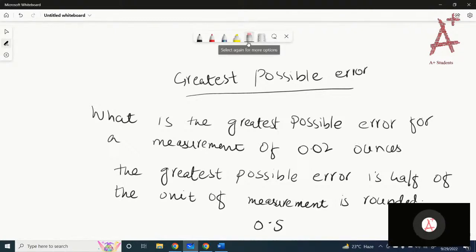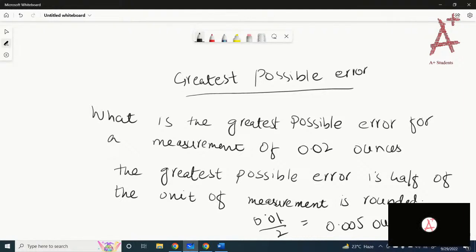That means it is made to two decimal places. So you have to calculate half of the two decimal places, 0.01, by dividing it by 2. So when you divide 0.01 by 2, it would be 0.005 ounces. Got it? The greatest possible error is 0.005 ounces.